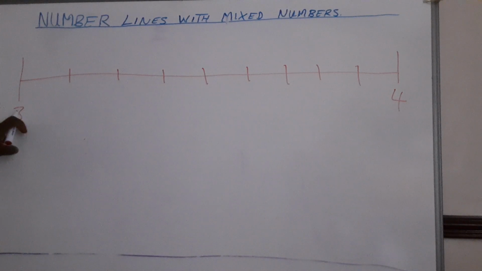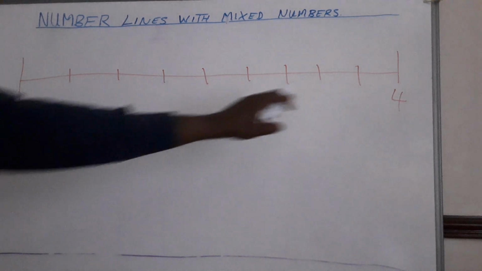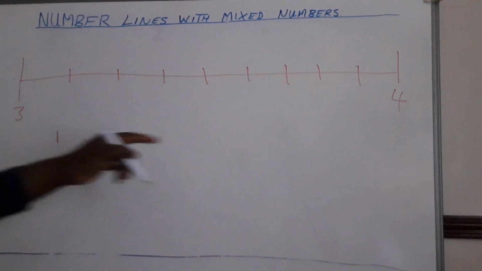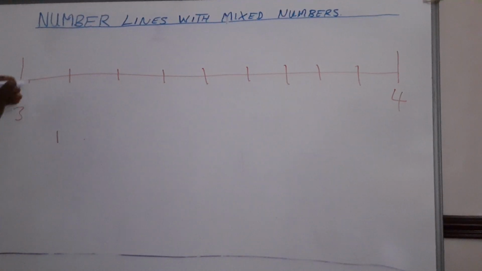So the difference between 3 and 4 is 1. And the next step is we have to count how many intervals we have between 3 and 4.